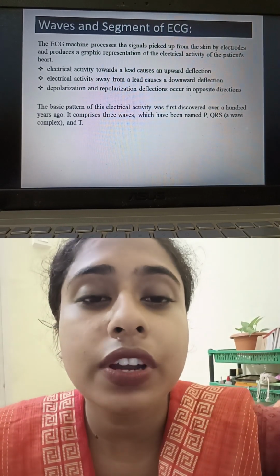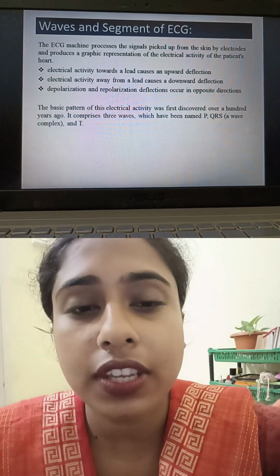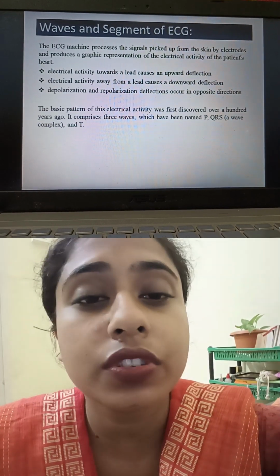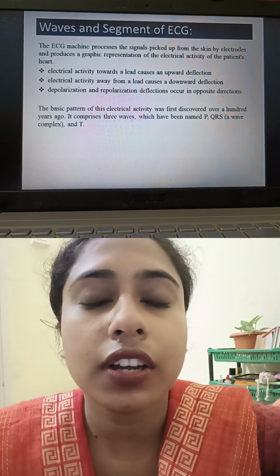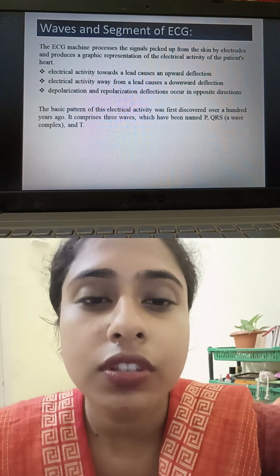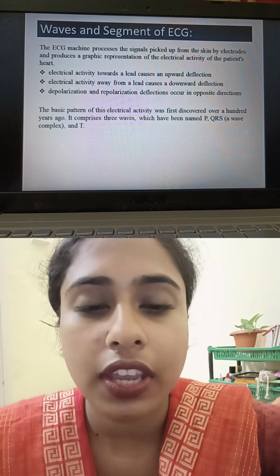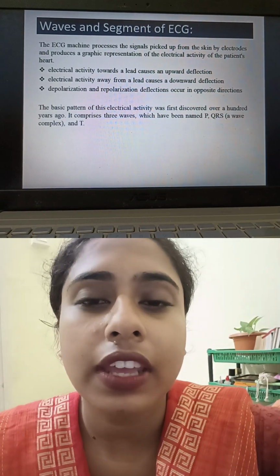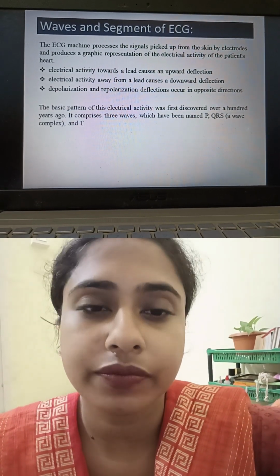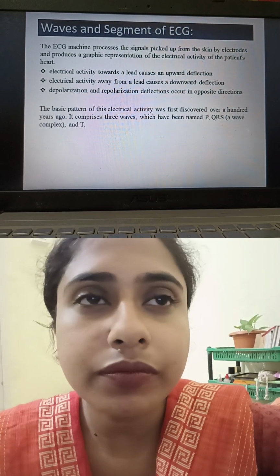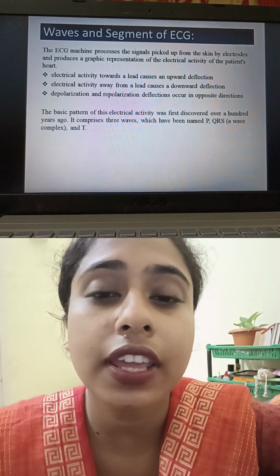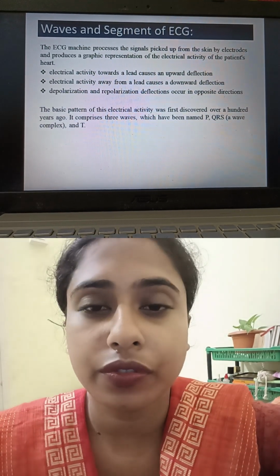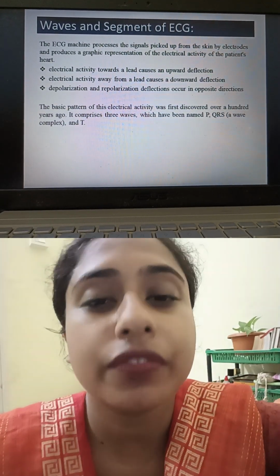All together it is called the QRS complex, a wave complex. The last one is the T wave. In some conditions, in some ECG reports, you can find a U wave. But in a normal, basic ECG interpretation, there are only P, QRS complex, and T wave.